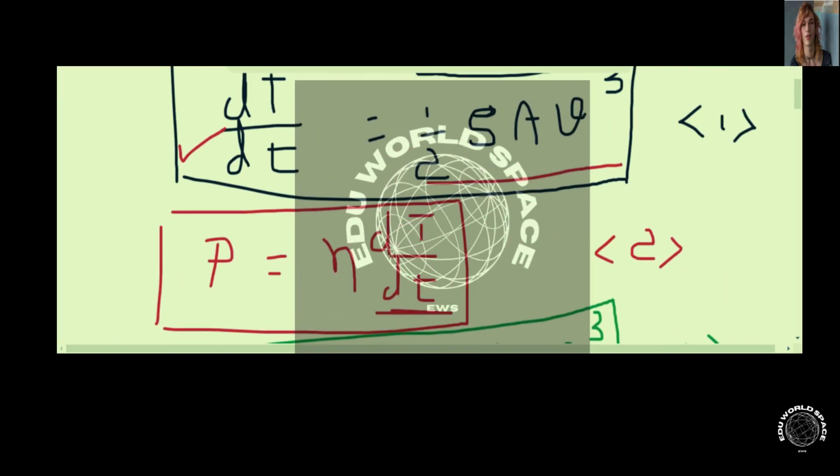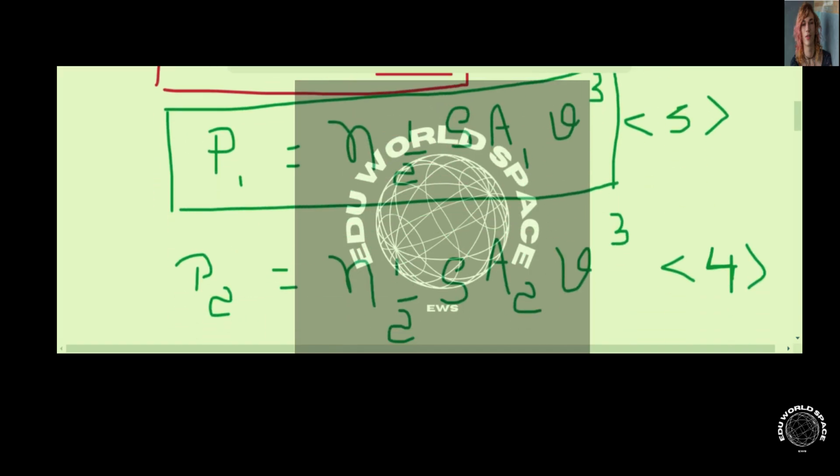Okay, now we will take the ratio of equation 4 to equation 3.